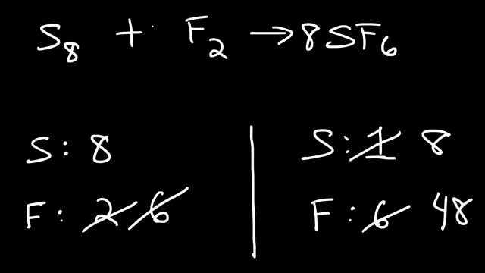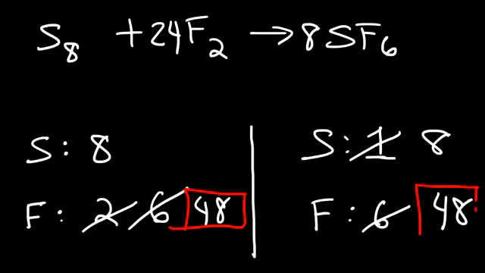So we need to put a 24 in front of fluorine, because 24 times 2 is 48. So now we have the same number of fluorine atoms, and we have the same number of sulfur atoms.